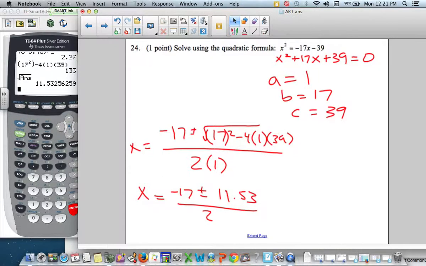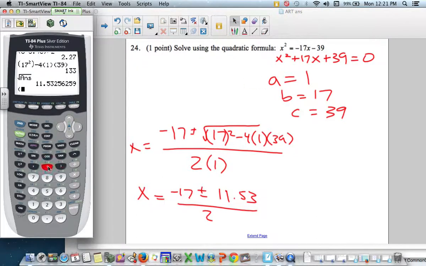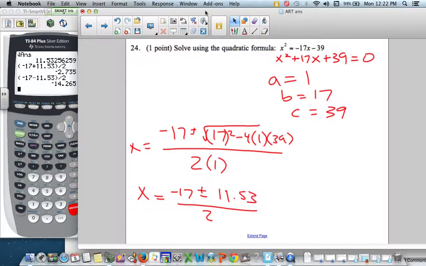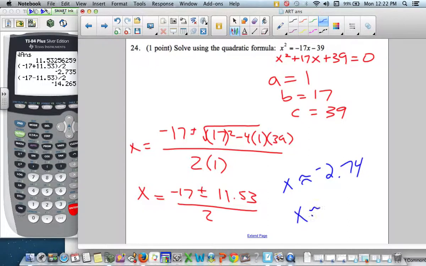So now to get my two answers, I'm going to take negative 17 plus 11.53 in parentheses, divided by 2, and then I'm going to take negative 17 minus 11.53 in parentheses divided by 2. So the two answers, again keeping a couple decimals, are negative 2.74 and negative 14.27.